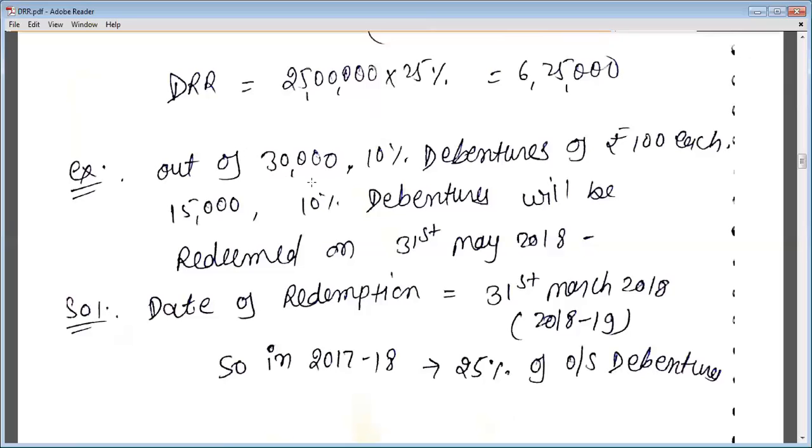So outstanding debentures are 30,000 and you are going to redeem 15,000. But DRR is always maintained on outstanding debentures at the end of the year.